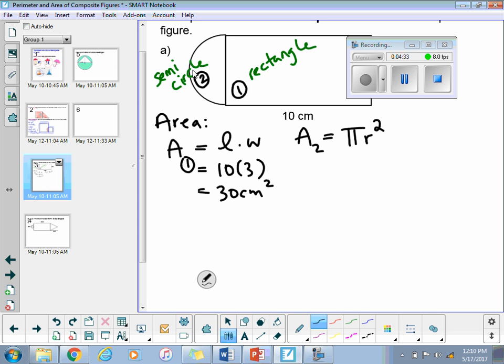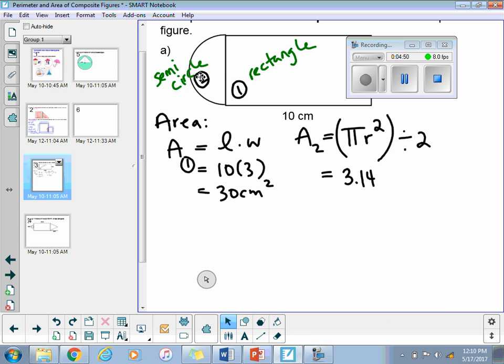But that's for a circle, so we would have to take that and divide it by 2, since we're only looking at half of the circle. Now, if you punch pi into your calculator, you'll see that it's 3.14. How are we going to get the r? So r, if this is the center of that circle, would be this distance here, right?